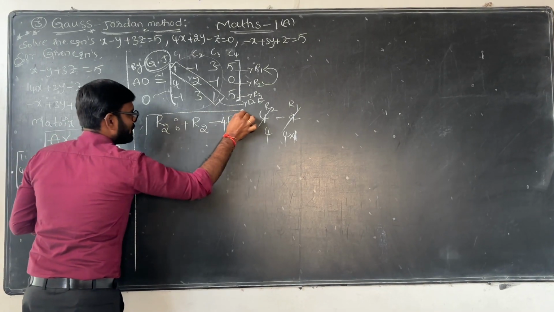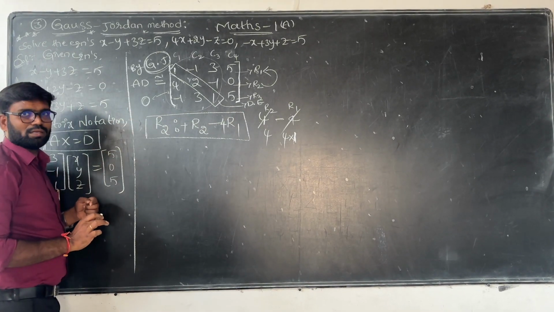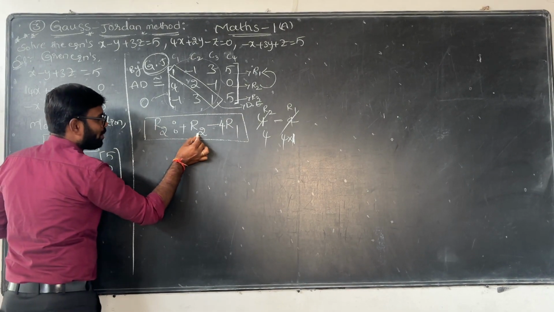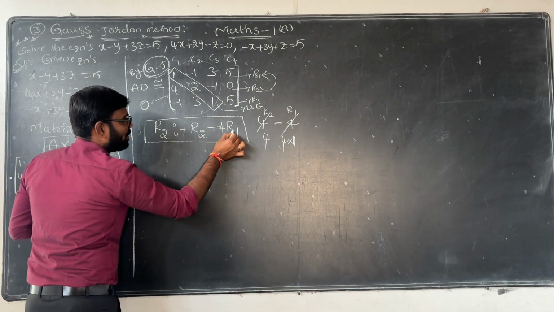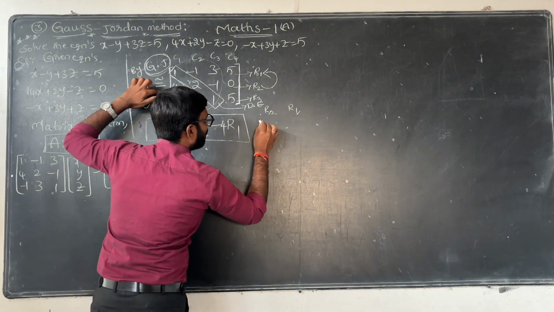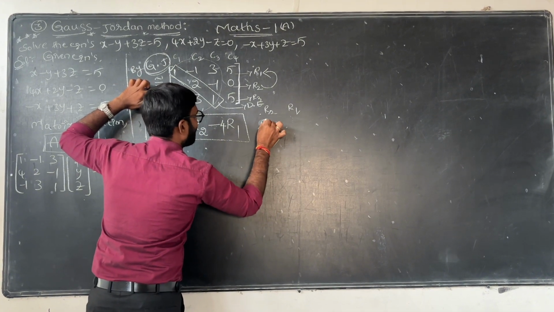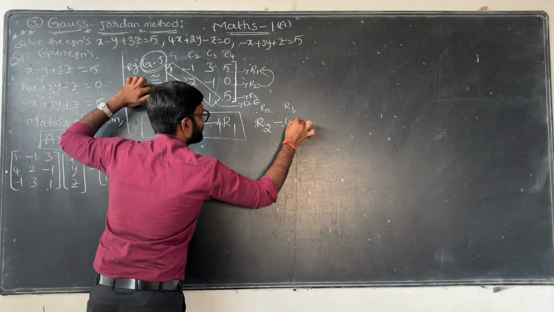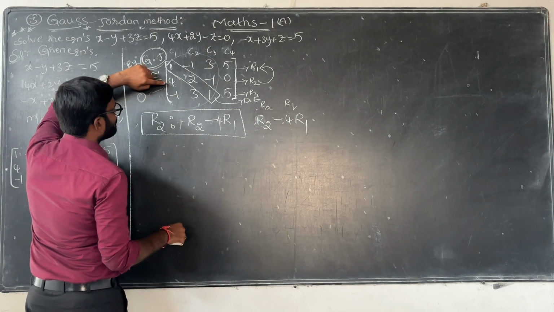This is the operation to convert the element to 0: R2 minus 4R1. Now check it here.